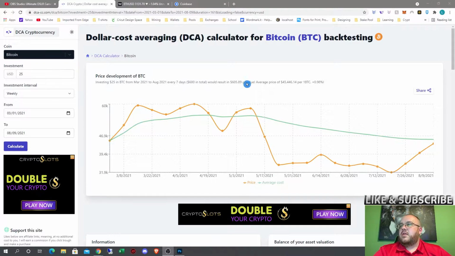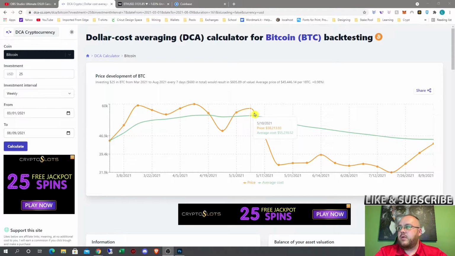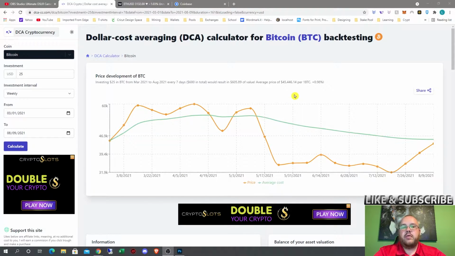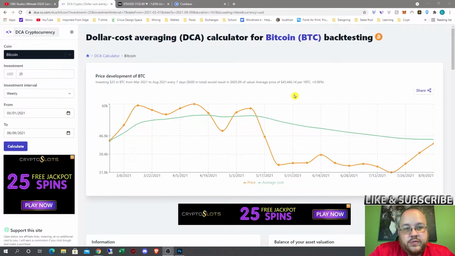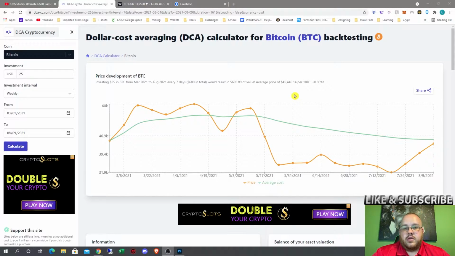There's actually a website that will show you. Okay, on this one, say you only have $25 a week to buy Bitcoin. That's all the spare money you have. That's the money you don't care to lose if something did happen. Because you should never spend more than you can afford to lose.